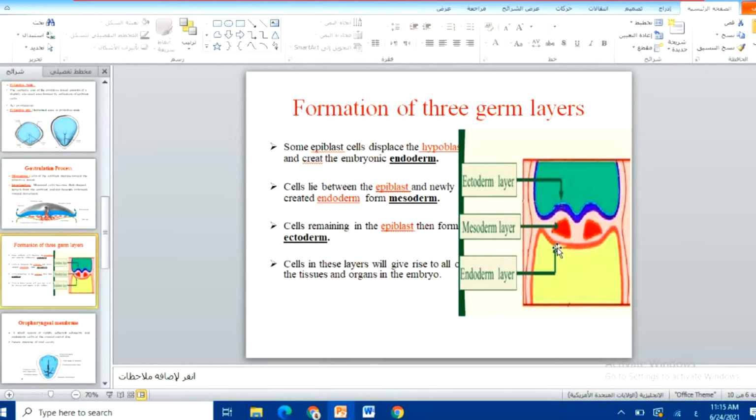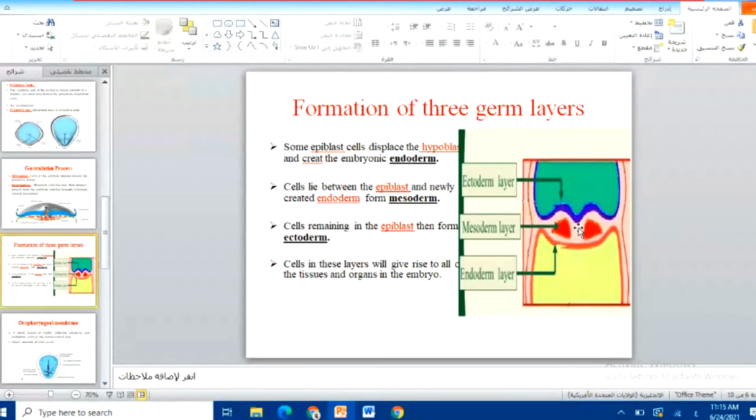After the formation of the endoderm layer, the cells that are still invaginating, moving inward, will form a layer in the middle. We call it the mesoderm layer.